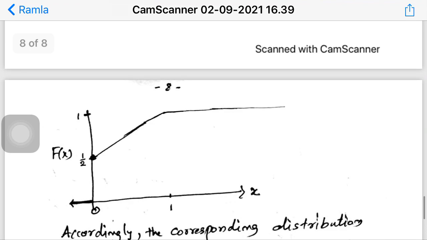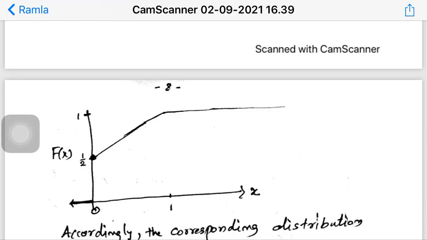Up to 0, f of x is equal to 0. But at x equal to 0, it has a jump to 1 by 2. After 0, in the range 0 to 1, the graph of f of x is steep and continuous up to 1, and after 1 it is always 1.